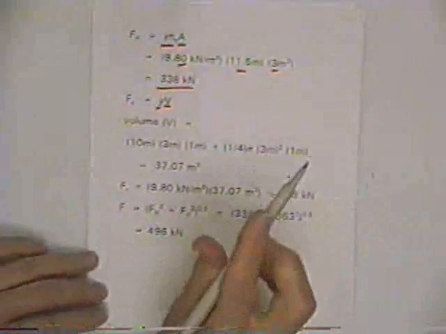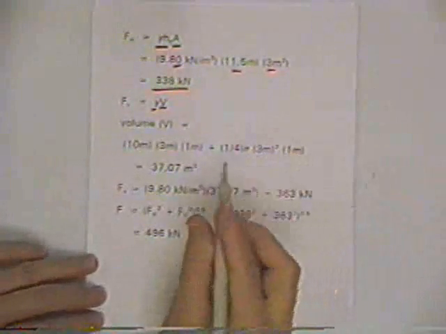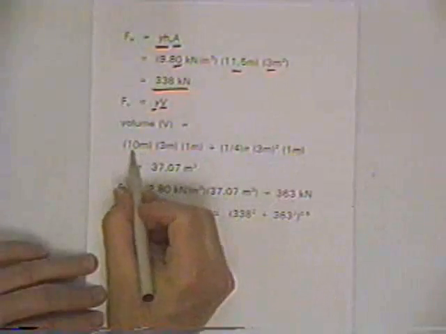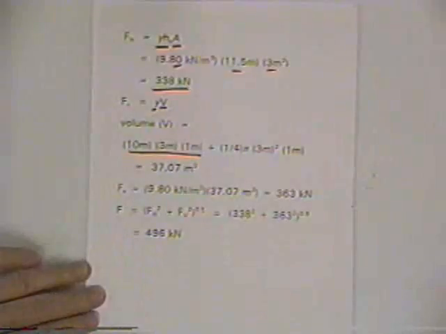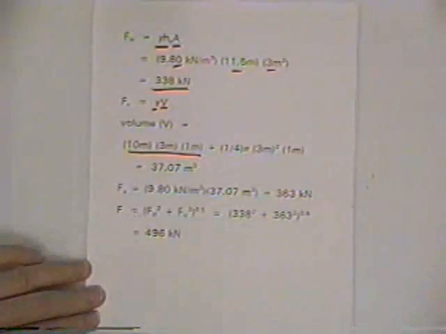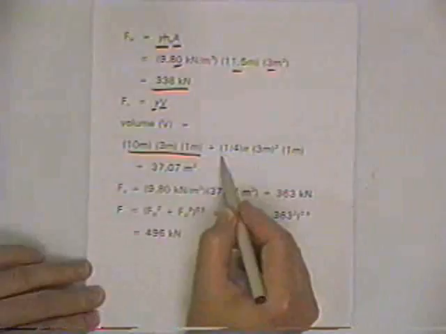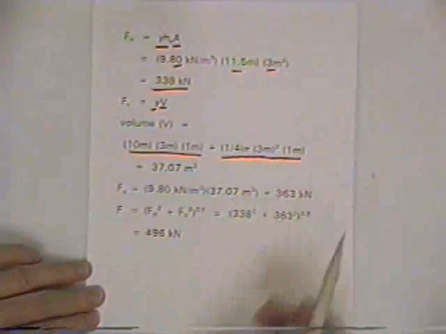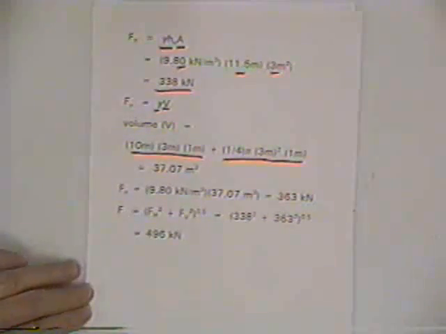This is more geometry than fluids, but so the volume of the top area is the 10 meter depth, 3 meter width, and then a meter coming out of the paper, and then the circular portion of it, 1/4.